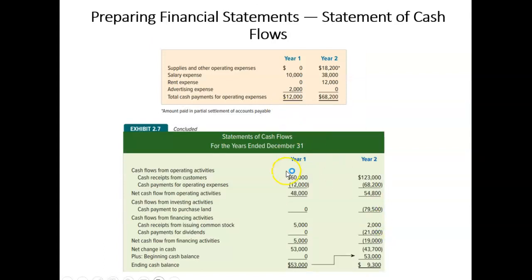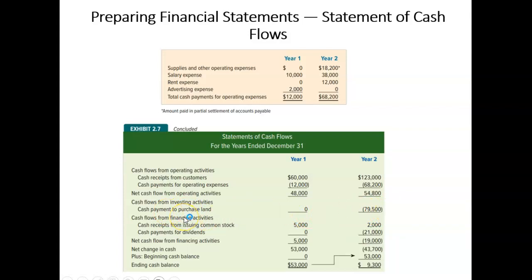On our statement of cash flow, this was showing the actual inflow and outflow of cash for year 1 and year 2. So notice that the ending cash balance from year 1 is our beginning cash balance for year 2. Look at our transactions, operating activities. We had an inflow of cash of $54,800. Under investing, we actually purchased land for $79,500.